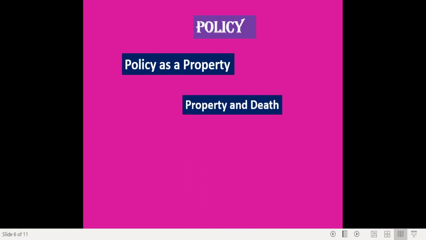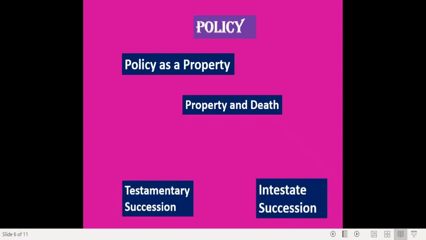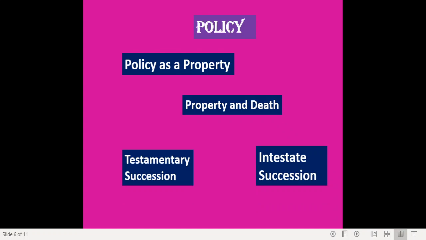So what happens to the property on the death of the owner? It undergoes a process of devolution. So it goes to the next generation, maybe children, or it may be collaterals, that is the widow, or it may go back or go to the parents. So that process of property moving from the owner to the dependents or to the successors is called a succession.